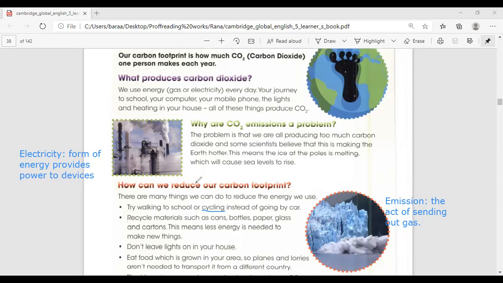The third one: don't leave lights on in your house. This is the third thing that you can do by your own self, and they are just two simple things. You can do it, okay?